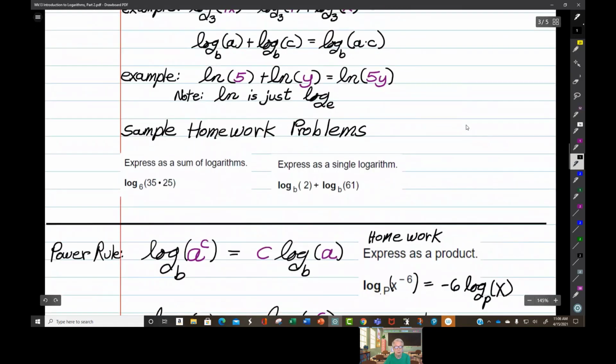So I'm going to do it for you. Log base 6 of 35 plus log base 6 of 25.